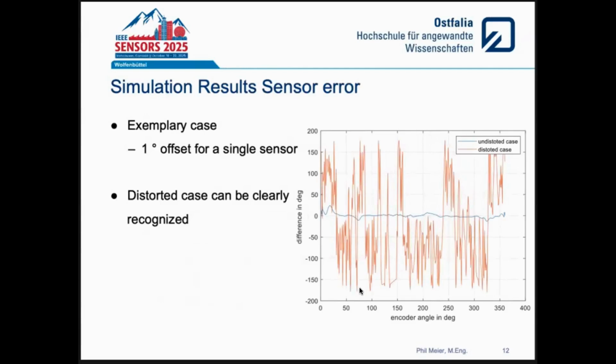You can see the difference when everything works fine is rather near 0, as should be expected. The high values are the difference for a case with a 1 degree offset of one sensor. So the distortion can clearly be recognized: we don't know what, but something is wrong, and we can be sure not to use our results.